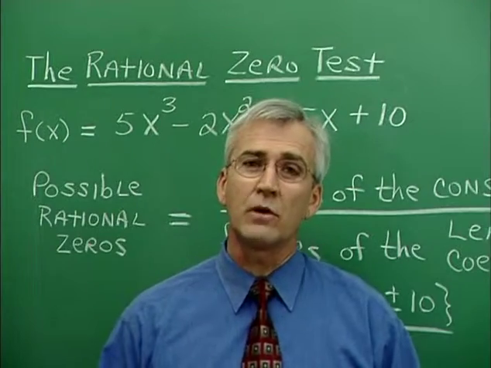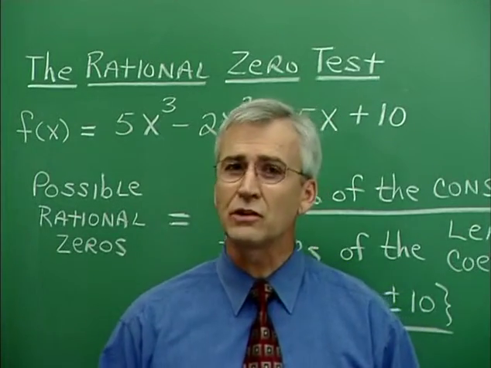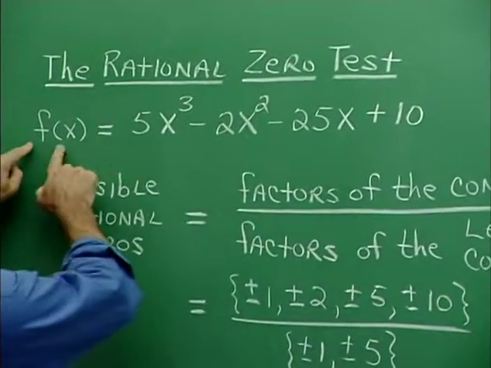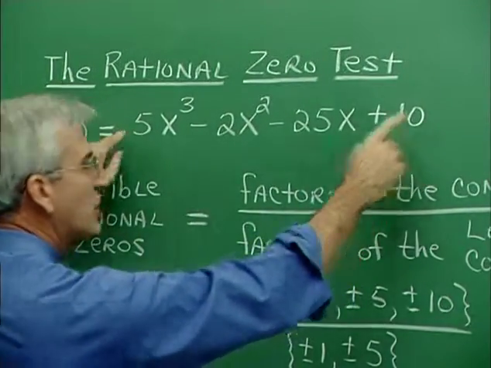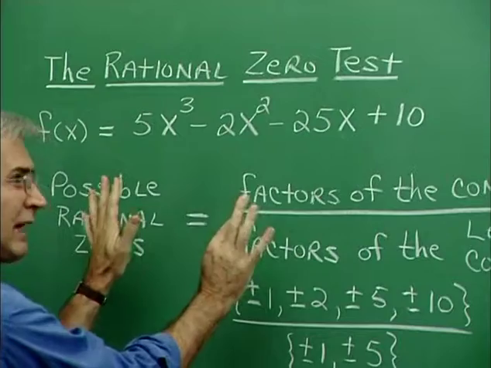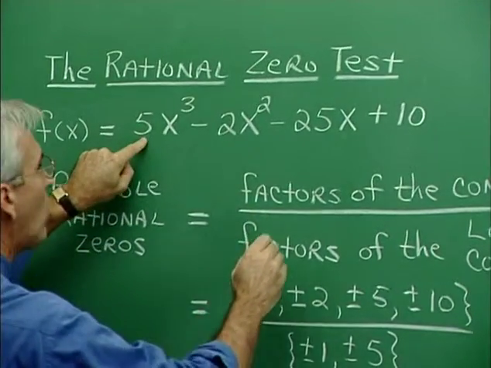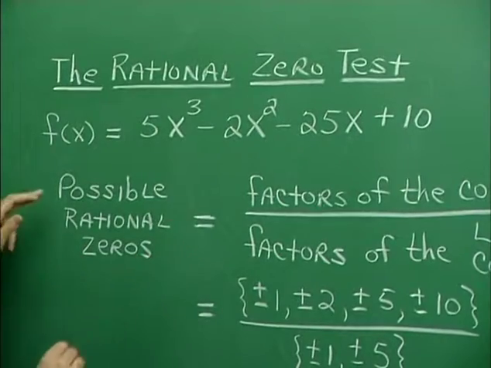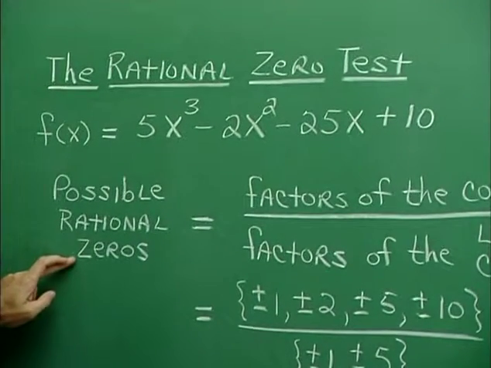The next technique we'll talk about is called the rational zero test, and it works like this. Suppose we have a function like this. It turns out that just by observing and making a little calculation on the leading coefficient and the constant, we can determine all of the possible rational zeros.